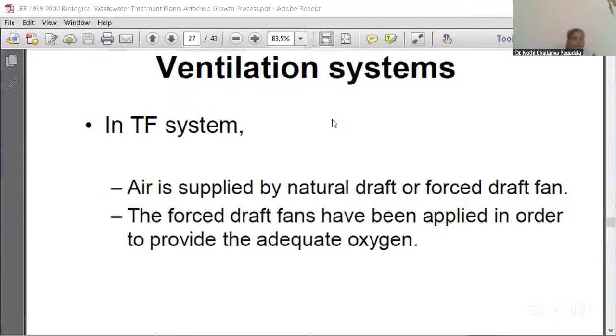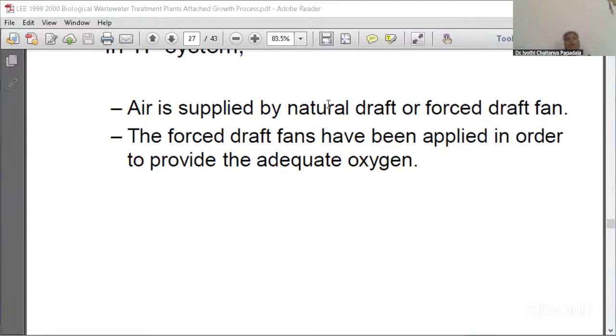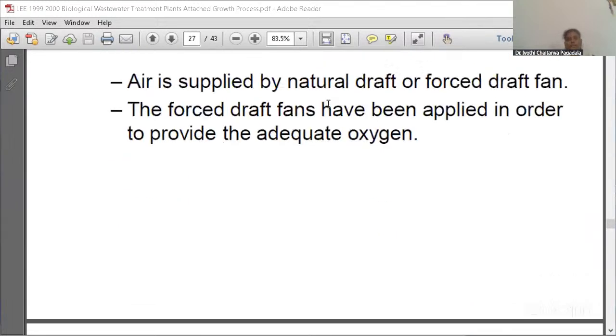In the trickling filter system, air is supplied by natural draft or by a forced draft fan that is rotated continuously. The forced draft fans are applied in order to provide adequate oxygen for the removal of the sludge.